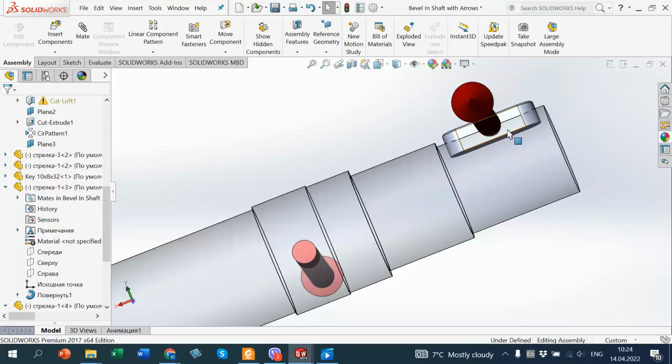But to make it easier, we consider that this force is applied in the middle of a key.